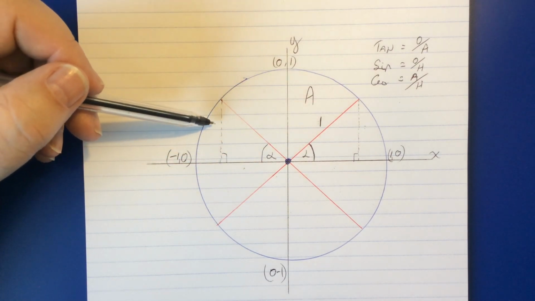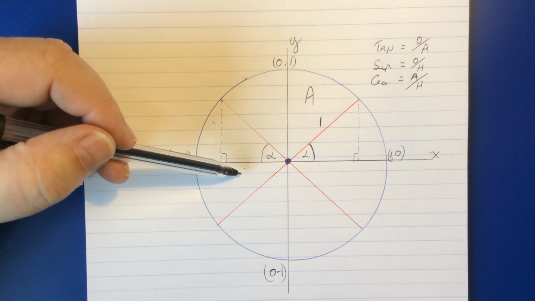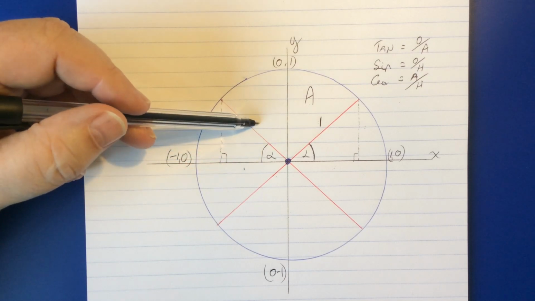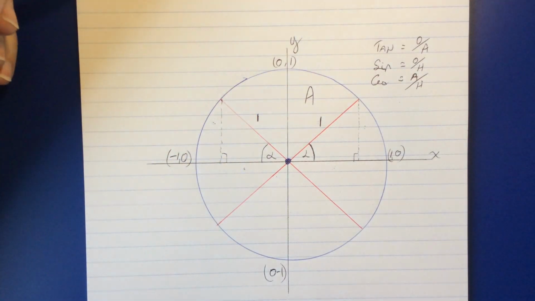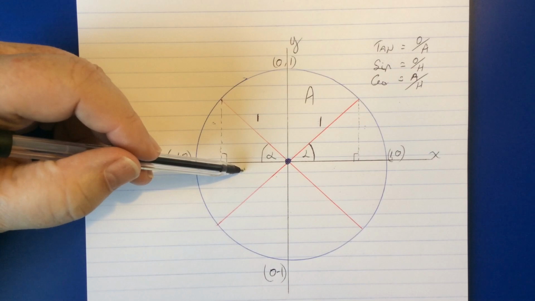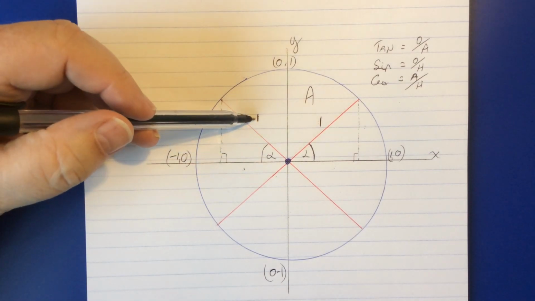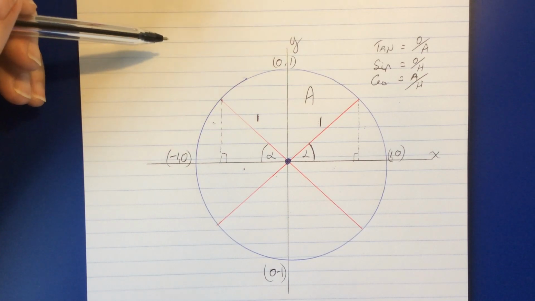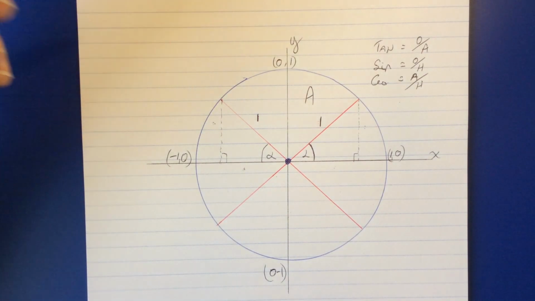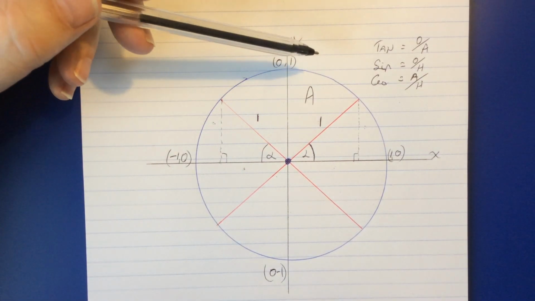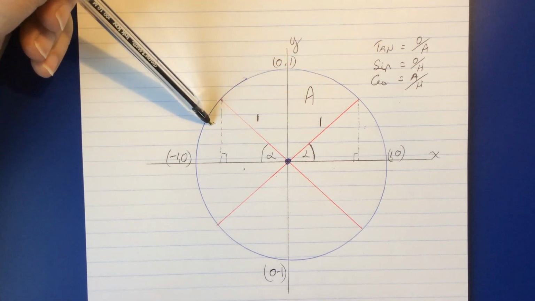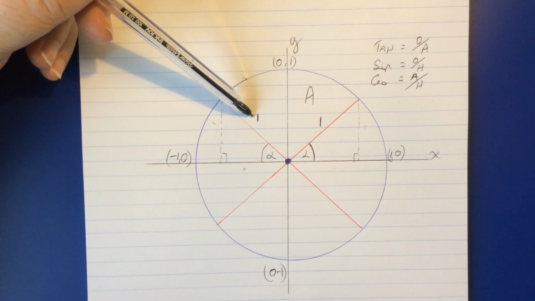If we're looking at the cosine, it's going to be a negative value, the adjacent, divided by the hypotenuse, which is still positive. So adjacent divided by that, that's negative, that's positive. That's going to give us a negative value. However, if we look at the sine, it is the opposite divided by the hypotenuse.